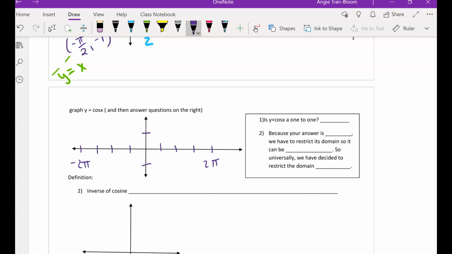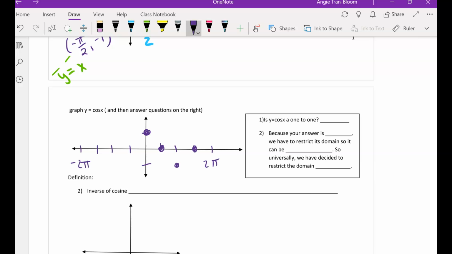Nicole O, can you tell me what cosine of 0 is? Perfect. Cosine of pi over 2 is, Ariane? 0. Cosine of pi, Angelina S.? Negative 1. Cosine of 3 pi over 2, Tyson S.? Yep.